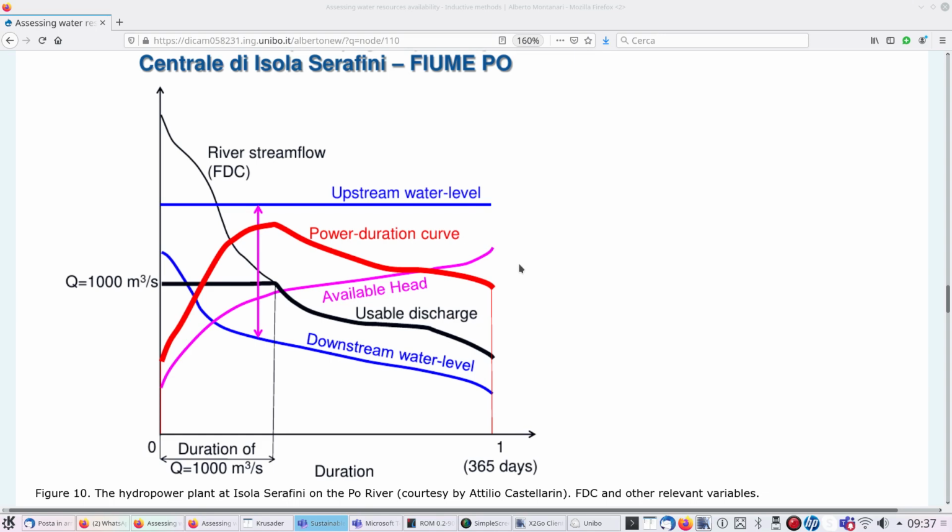Why is that? For a very simple reason. Surface resources, you can observe them, you can see them, you can look at a river, you can measure the river flow with a relatively small uncertainty. When you go to groundwater resources, it's something that is more difficult to monitor because you don't see it.